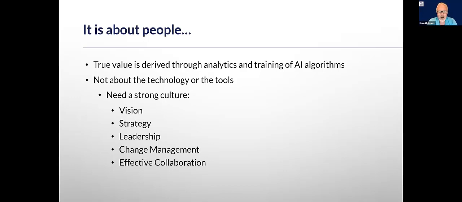But that's not enough, right? It's not just the analytics and it's not just the AI. It's way beyond that. So you need people who have an effective and innovative culture, right? We need the people and the leaders who have the vision, who can develop a strategy from that vision, who have the leadership skills and the ability to effectively change the organization, with change management and digital transformation.